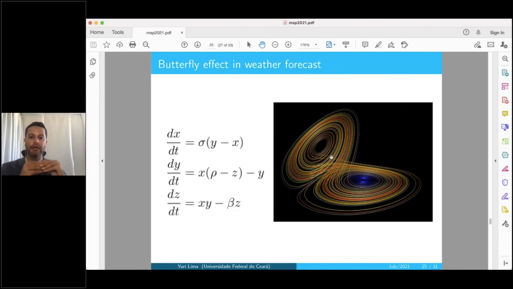This was taken up by the new area created by Poincaré, which is called nowadays dynamical systems. So in dynamical systems, we try to give a more qualitative, whatever this means, but I will try to explain to you more or less what it means, description of mathematical models.